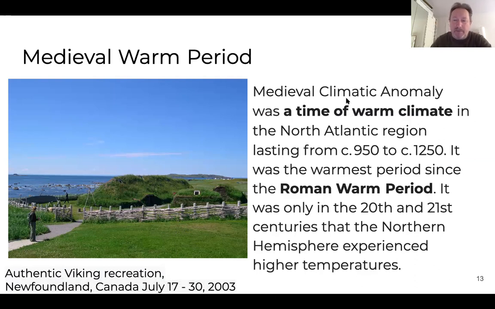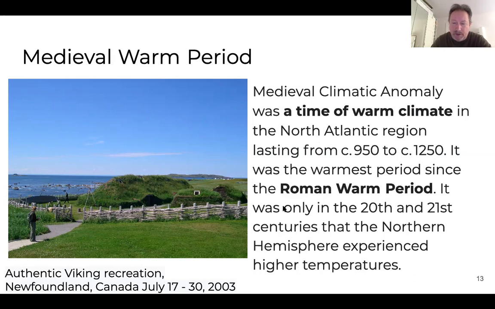So the medieval climate anomaly was a time of warm climate in the North Atlantic region, lasting from about 1000 to 1250. It was the warmest period since the Roman warm period, so there was another warm period.